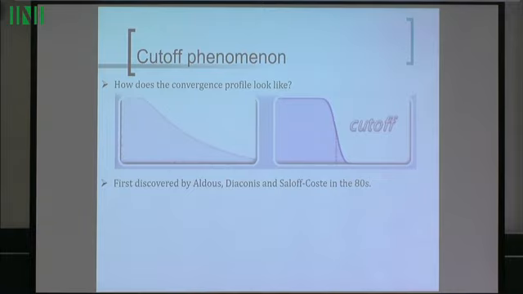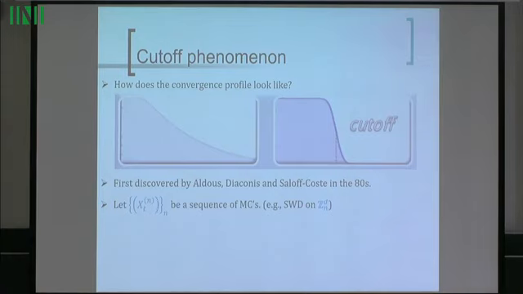This phenomenon was first discovered by Aldous, Diaconis and Shahshahani in the 80s, where they studied random walks on groups, especially card shuffles. To be a bit more rigorous, let's say we have a sequence of Markov chains where this index n usually denotes the size of your underlying system. For instance, we can think about the Swendsen-Wang dynamics on a side length n torus with different values of n.